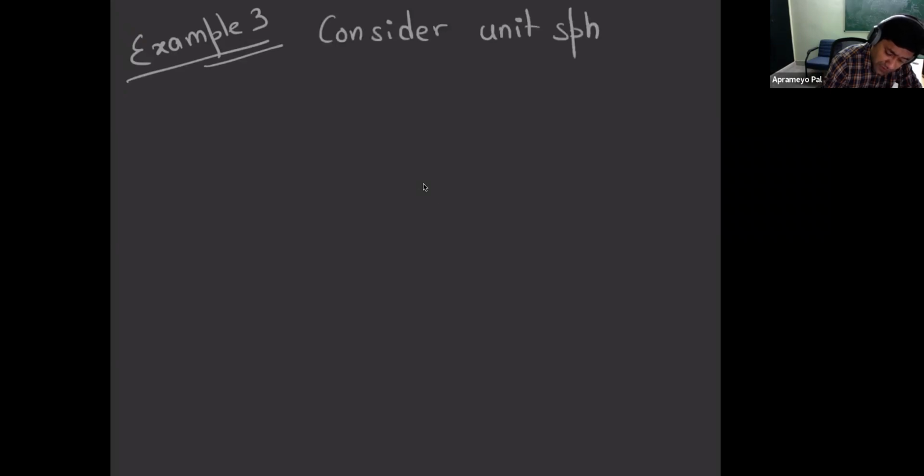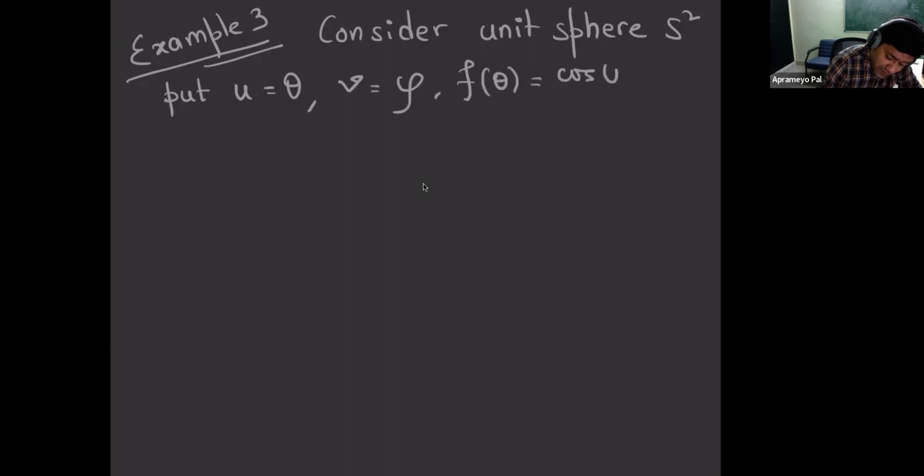Let's take this as a third example. I want to consider the unit sphere S2. This is a particular case of the surface of revolution. You could use the same parameterization by substituting u equal to theta, v equal to phi, f of theta equals cos theta, and g of theta is sine theta.